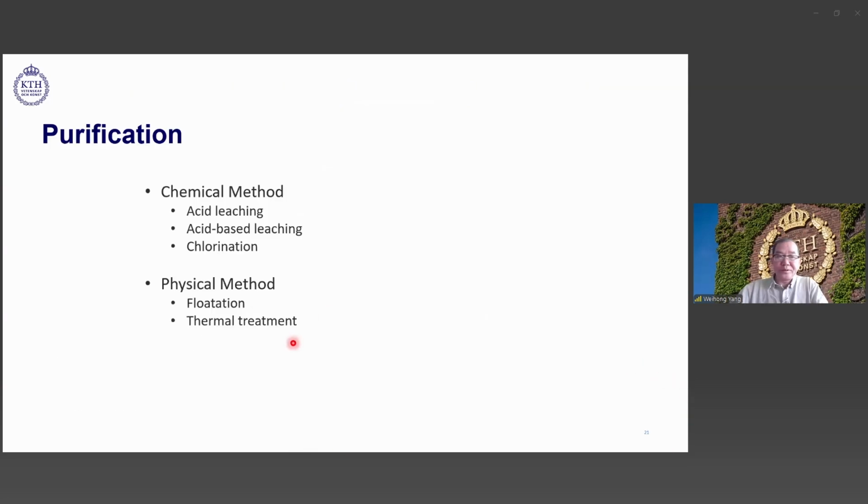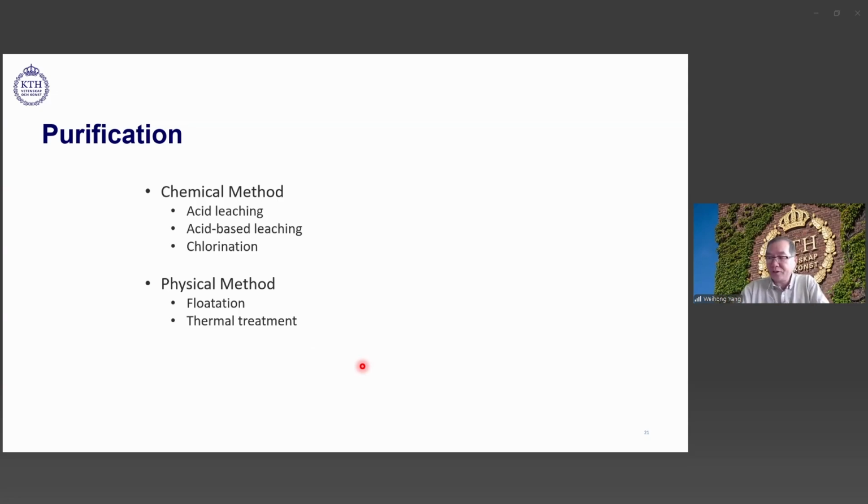So after we get the graphite from the materials, the next step is how to get the graphite out of the catalyst. Then we come to the purification process. Purification is very, very important for the final applications.